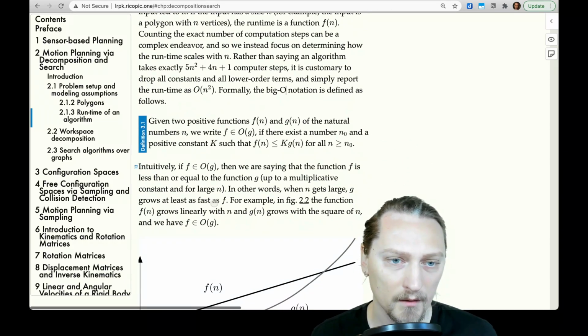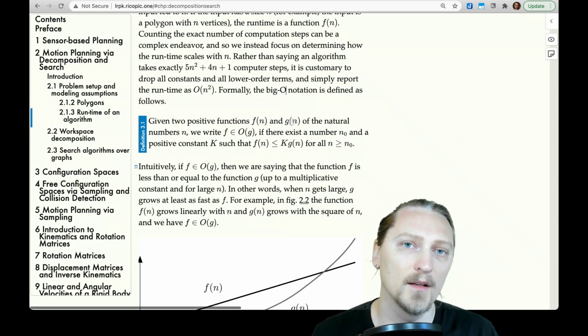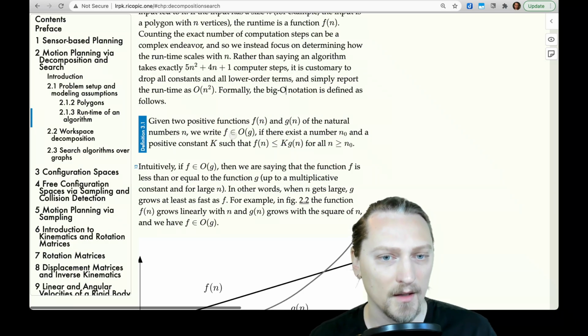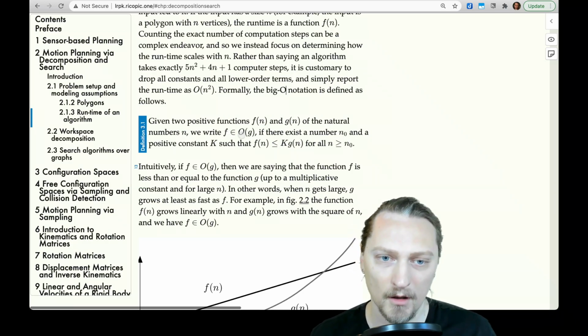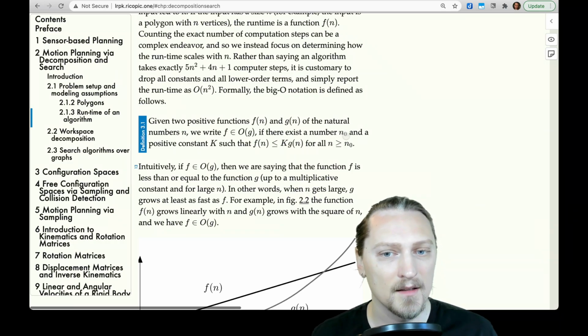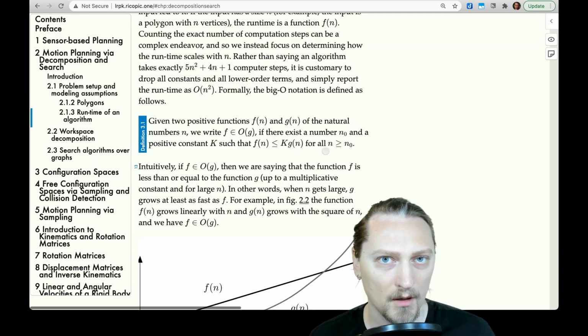Definition 3.1. Given two positive functions, f of n and g of n, of the natural numbers n, we write f is an element of O of g if there exists a number n naught and a positive constant k such that f of n is less than or equal to k g of n for all n greater than or equal to n naught.